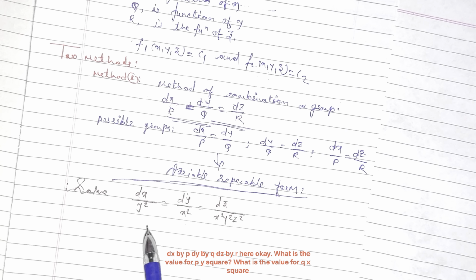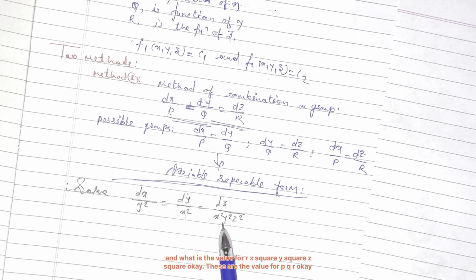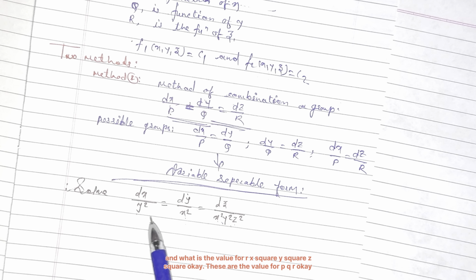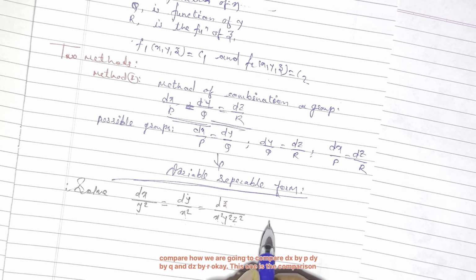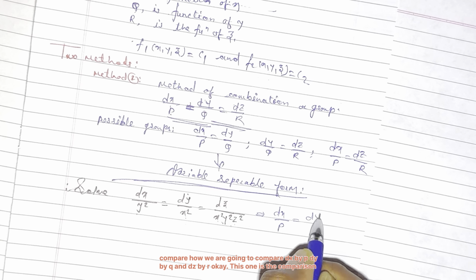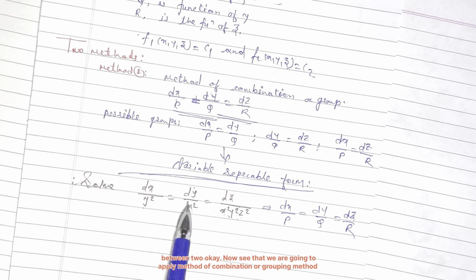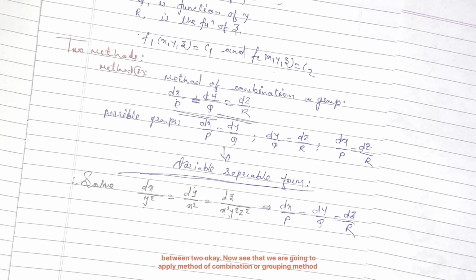The value for p is y square, for q is x square, and for r is x square y square z square. Now we are going to apply the method of combination or grouping method.